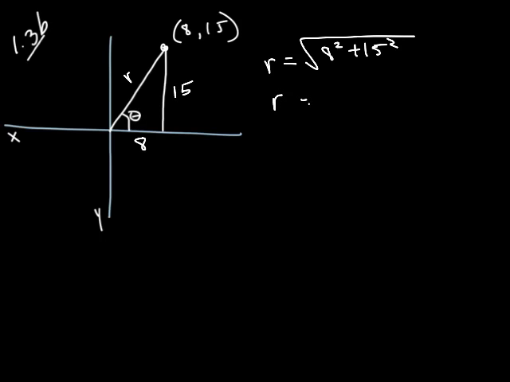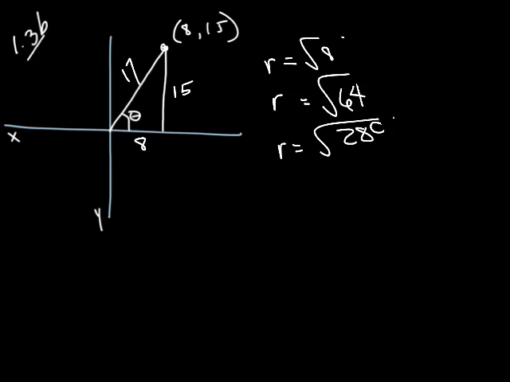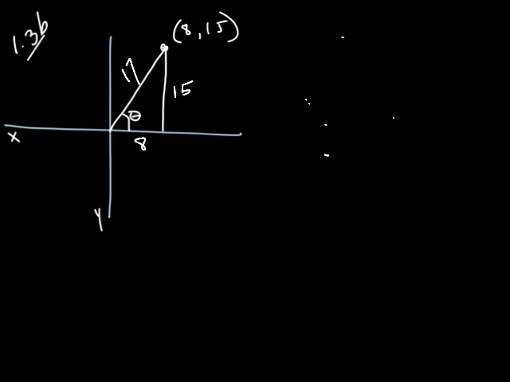And because you're so smart, you know that 8 squared is 64 and 15 squared is 225. You add those together and you get r equals the square root of 289, which is 17. So I know that my r over here is a length of 17.